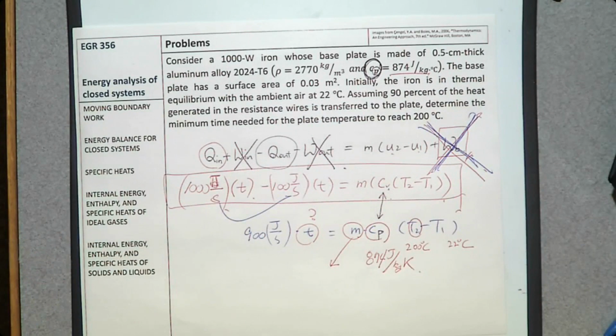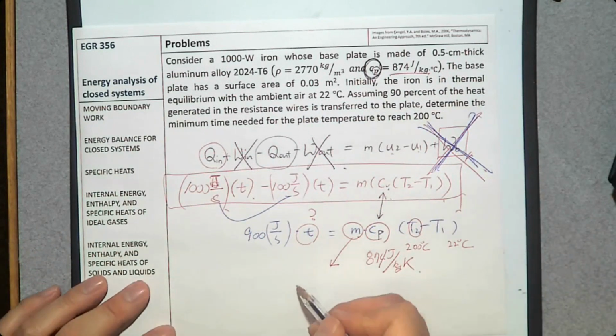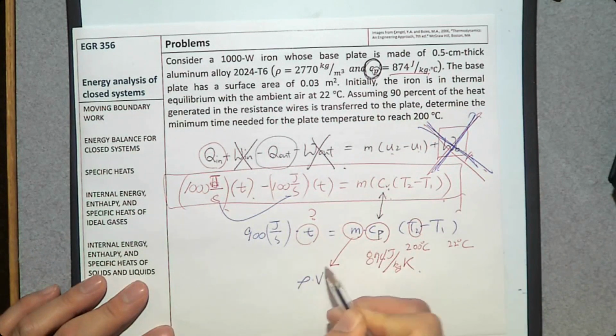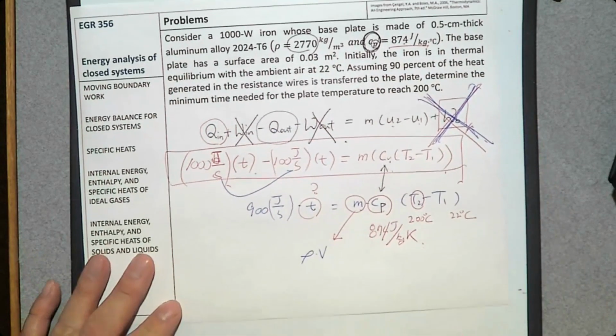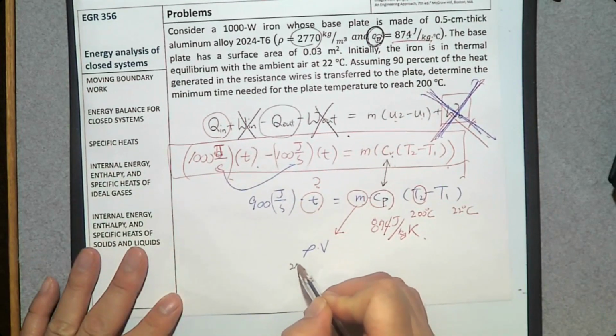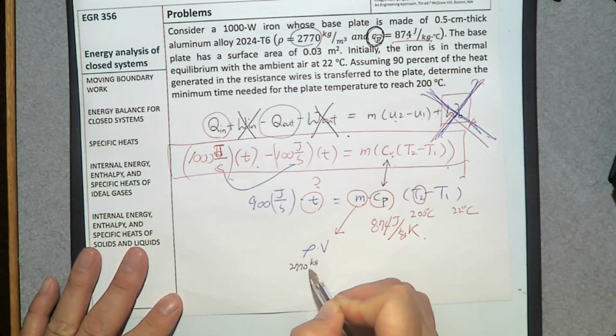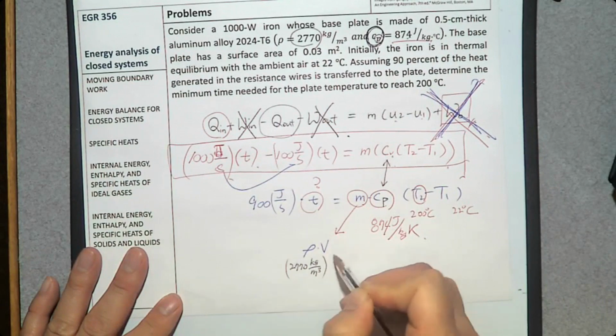How do we determine the mass of this base plate? The mass can be determined by density times volume. What is the density? 2,770 kilogram per cubic meter. How do you determine its volume?